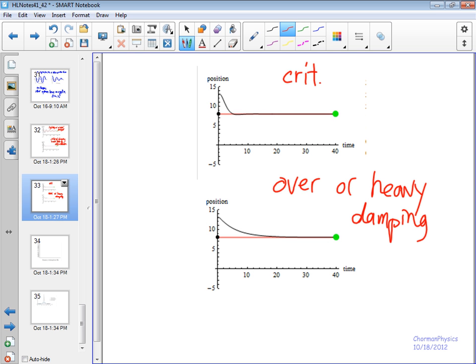This is what happens if you were to drop an object into a viscous fluid, for example. Oftentimes at school, if you see the doors, they have these little arms connected to them, and you notice that the arm moves back at a relatively constant velocity, and they're typically critically damped.